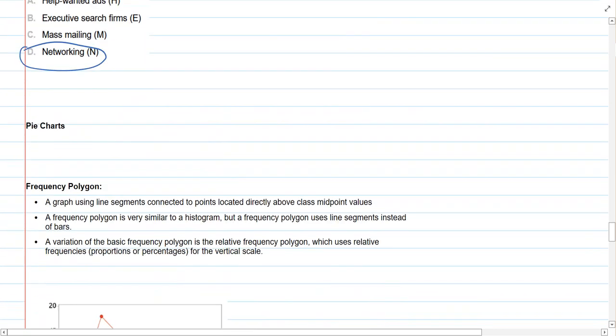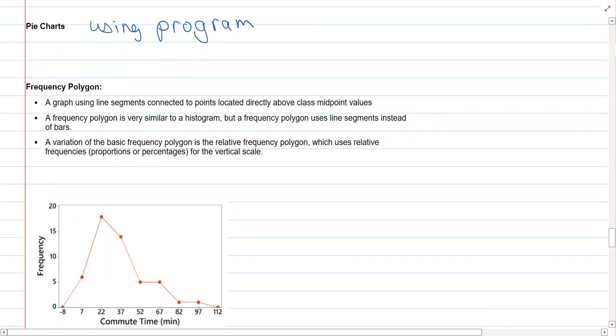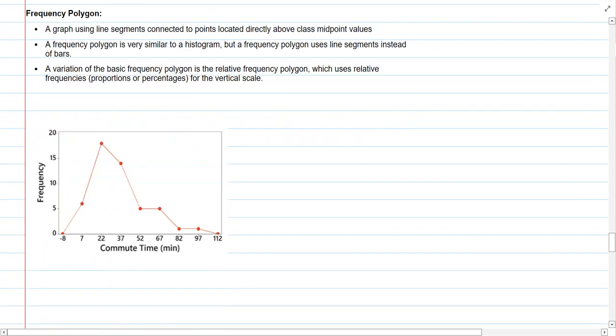All right. Now a pie chart, you can only do these accurately using a program. So I'm not going to study this one. There's a lot of math in it, and pie charts are done by hitting a key after you enter data, and it'll do it for you. Now, one of them that is important is the frequency polygon.